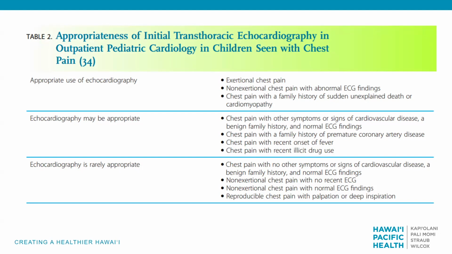The other one in that first row is chest pain with a family history of sudden unexplained death at an early age, less than 50 or less than 40 years of age. So that's a family history red flag, and then it's a personal history red flag, having exertional chest pain. But that's the most important.